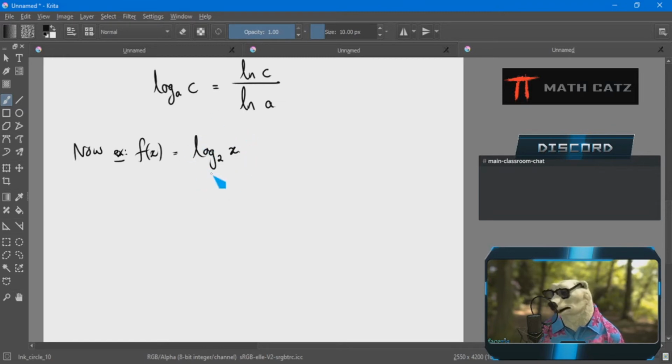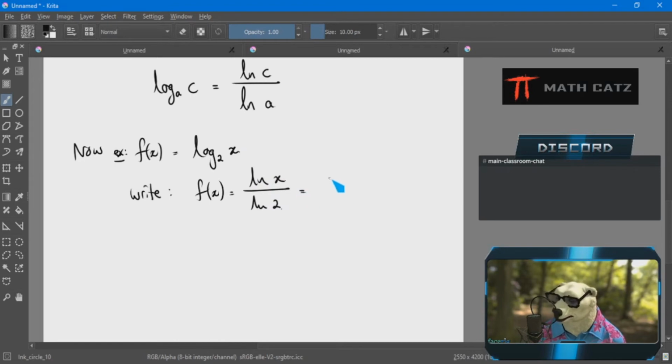I don't know what to do here. I'm going to rewrite this to a base e, to the natural log. Then the top one is still the original input, and the bottom one has the 2 as input, not base anymore. The base is e now.